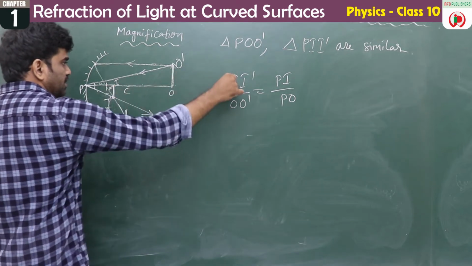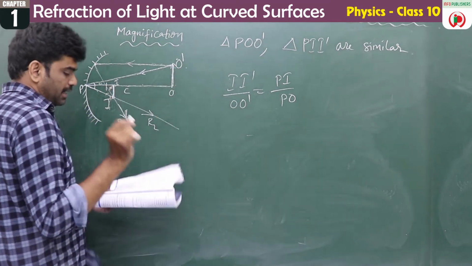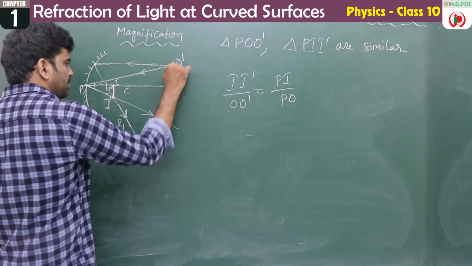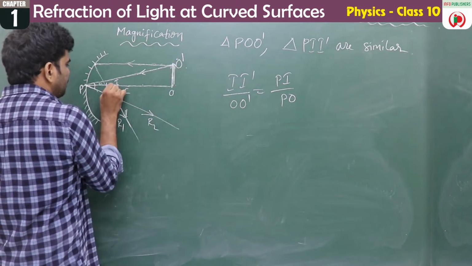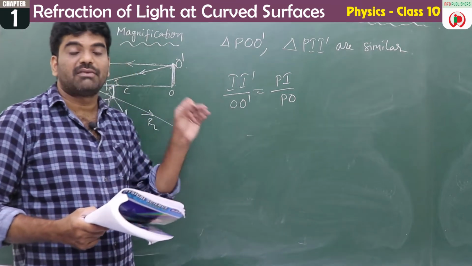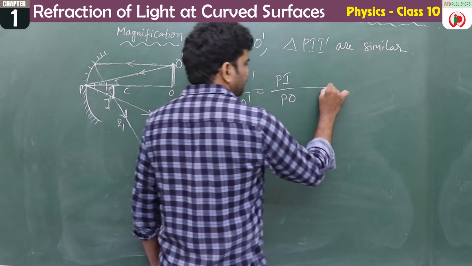So II dash by O dash I dash is equal to PI by PO. This is the property of similar triangles. So this is equation 1.